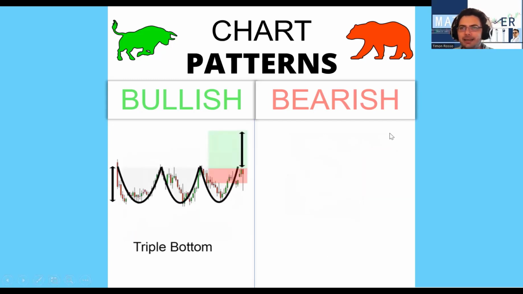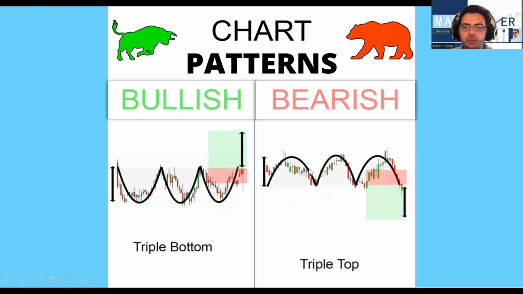Triple bottom is like a double bottom or a W formation, but it has 3 rounding bottoms. As you can see, it has a neckline, and you wait for the price to break above the neckline. You then hold on. You set your stop loss 50% of the height or below it, depending on what you want. The opposite is a triple top.